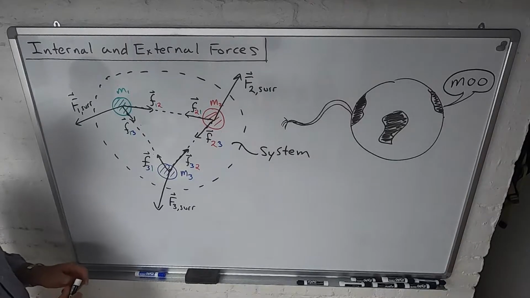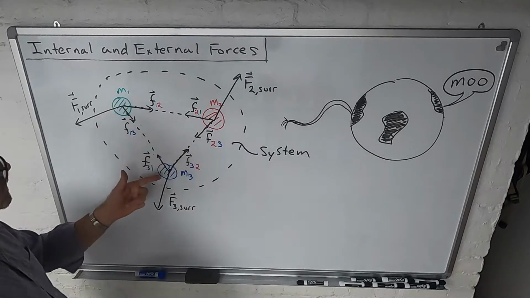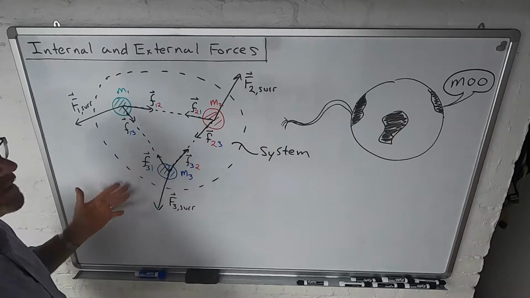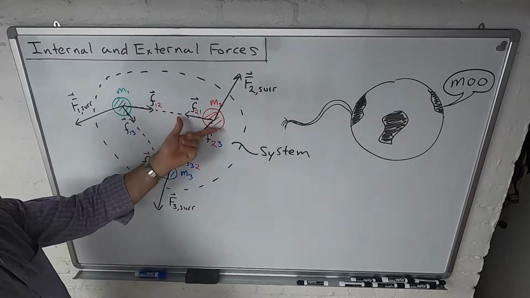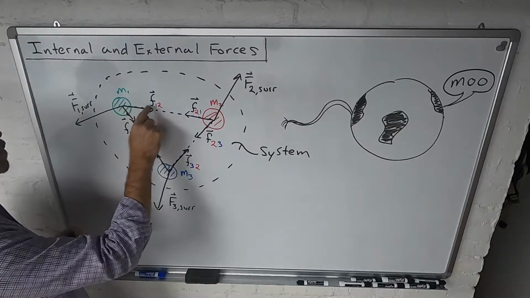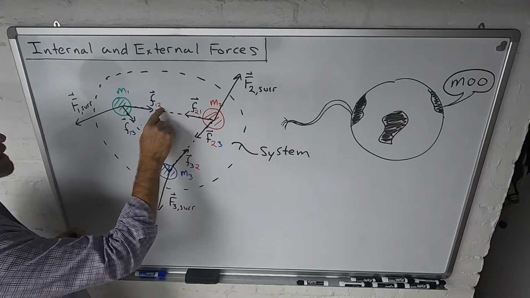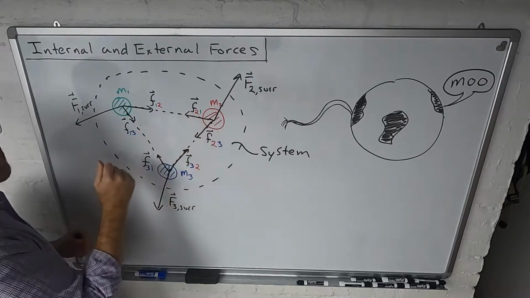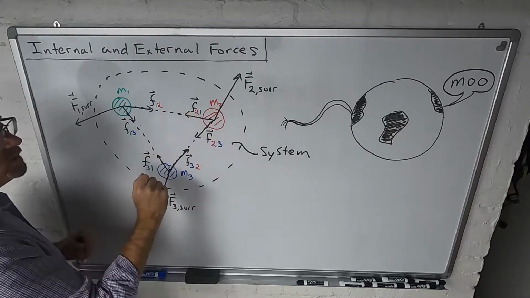Okay. So I have three particles, M1, M2, and M3. They're interacting with each other with equal and opposite reciprocal forces. So F on 1 by 2 is identical in magnitude, opposite in direction, to the force on 2 by 1.